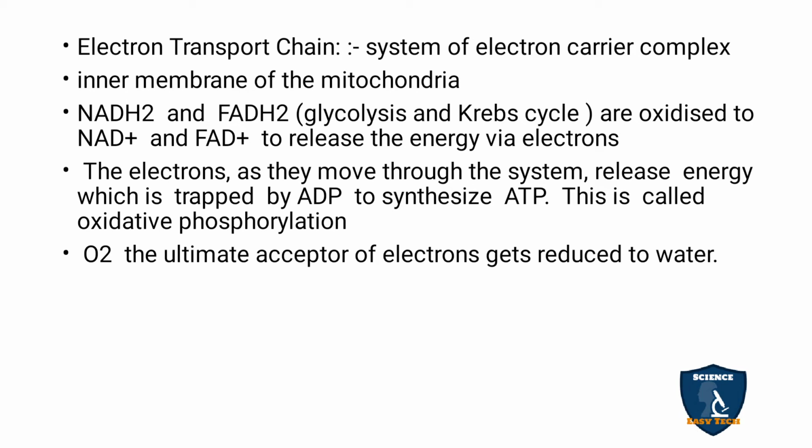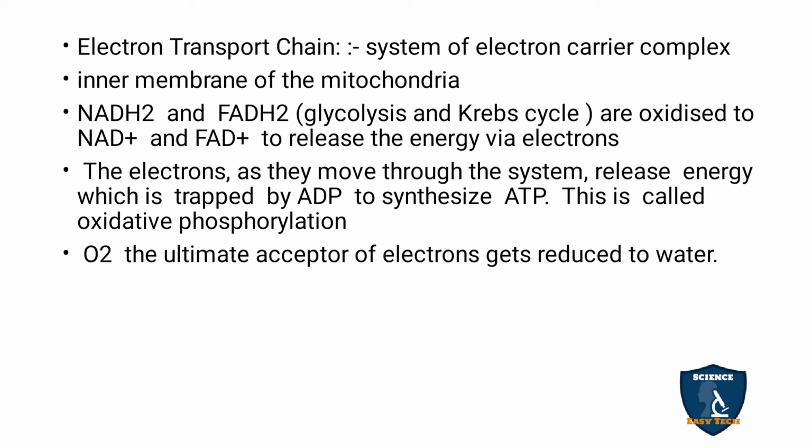Next, the electron transport chain. The system of electron carrier complexes is called the electron transport chain. During the electron transfer, the carriers carry the electrons, and during the transfer, energy is released.